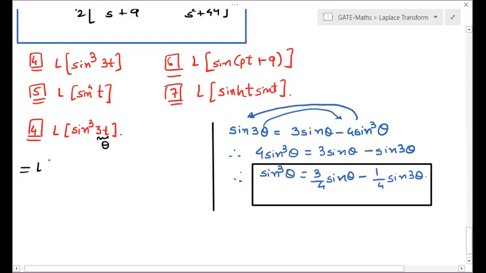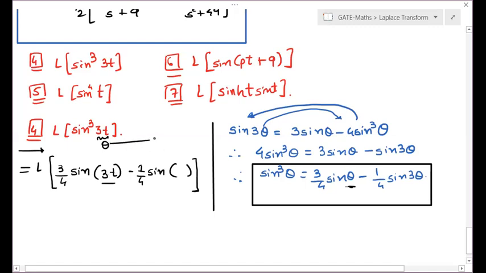So this will become Laplace of 3 by 4 sine theta minus 1 by 4 sine 3 theta. So my theta is 3t and my 3 theta will be 9t. Okay. Is it clear first?